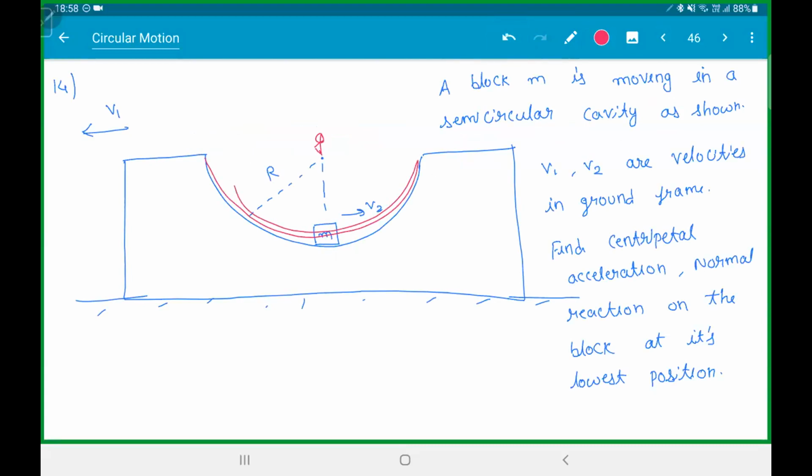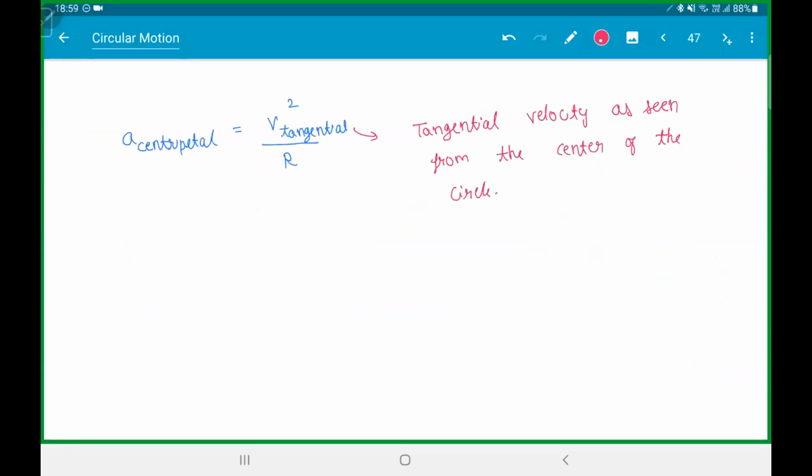So that means whoever thinks it is going in a circle, that guy will understand what is centripetal acceleration. So what is the V relative here? Remember this thing. This is the actual formula for centripetal. It is a velocity relative to the center. Till now, you never had a problem because center was always at rest.